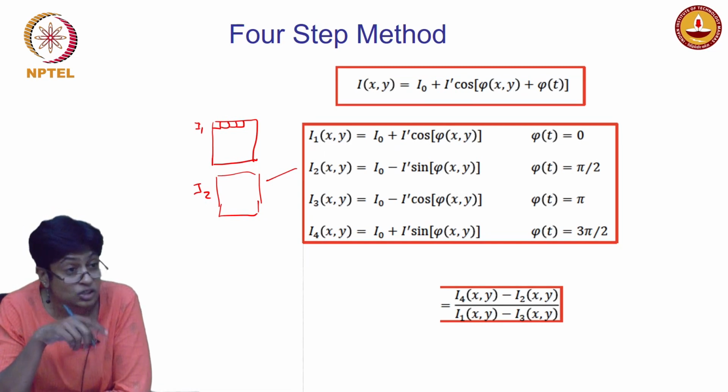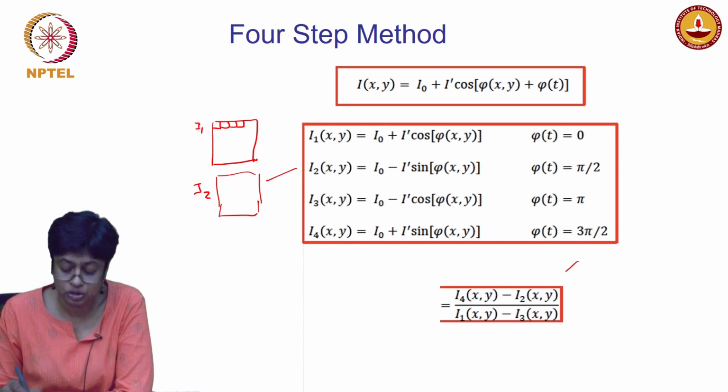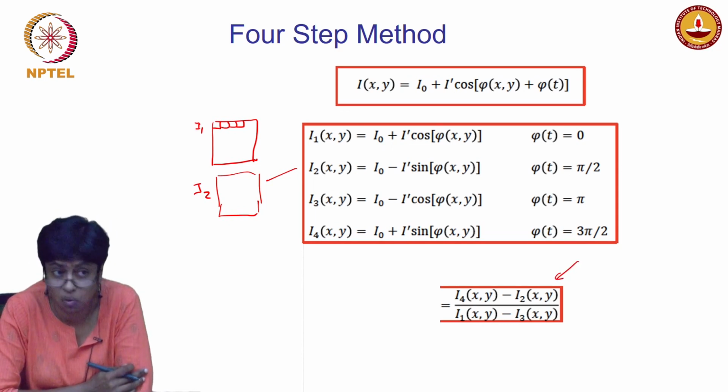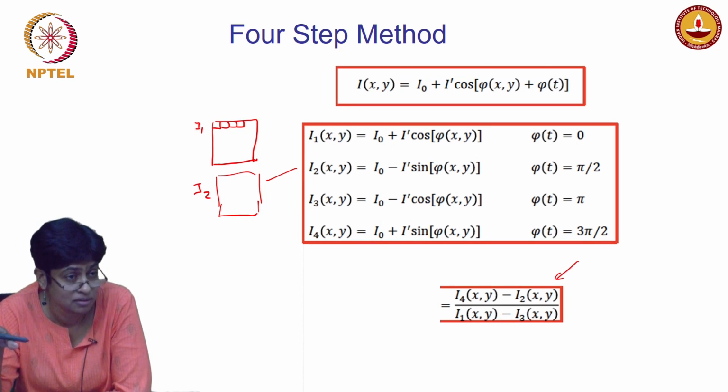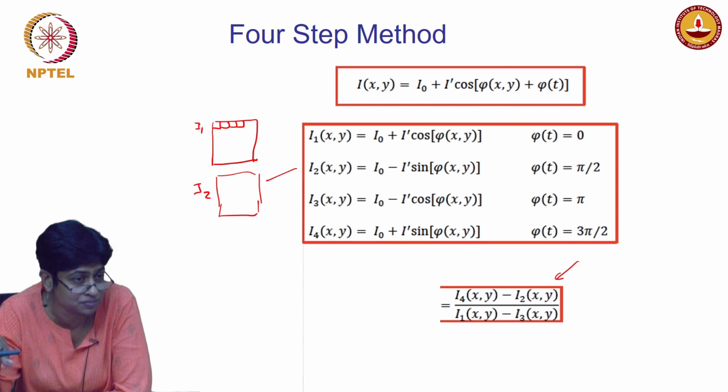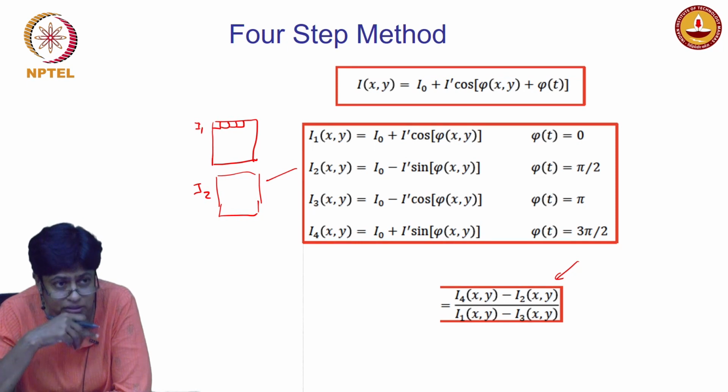Okay. So, if I carry out the operation shown here, in other words, all I am doing is simple pixel subtraction and then dividing it by another pixel subtraction. What does this give me? What does I4 minus I2 by I1 minus I3 give me? Do it quickly and tell me.